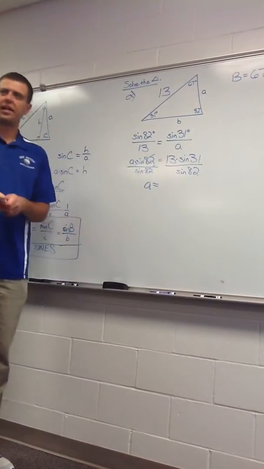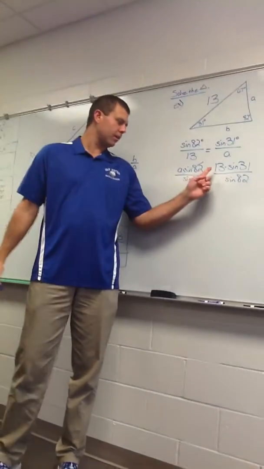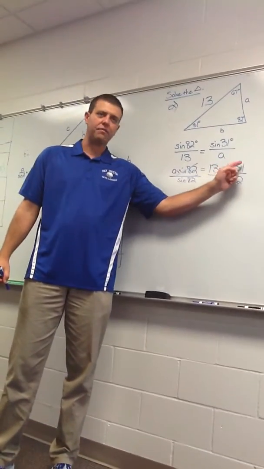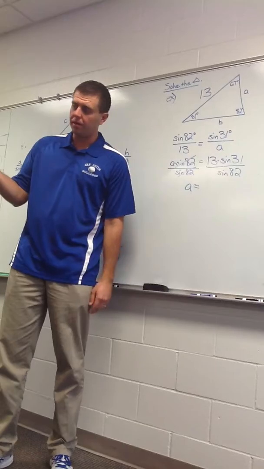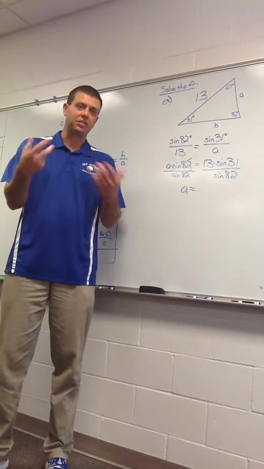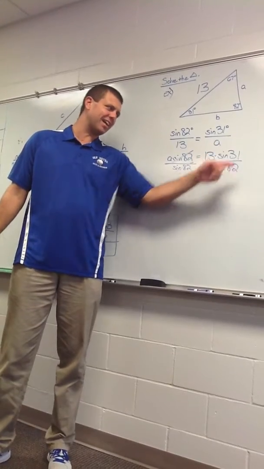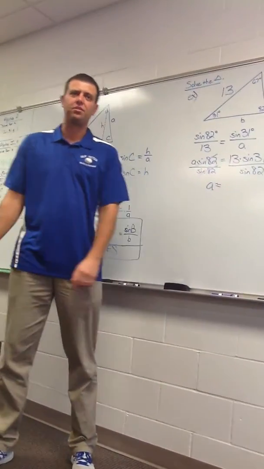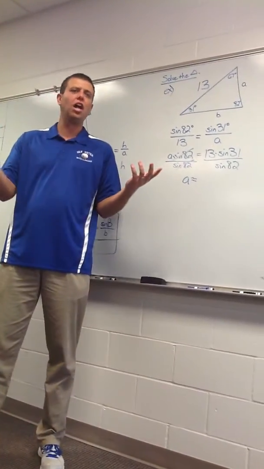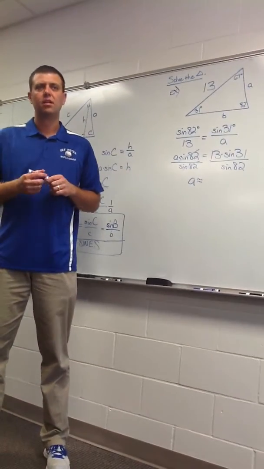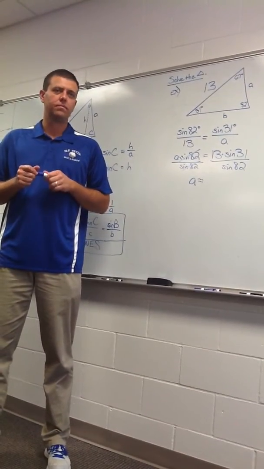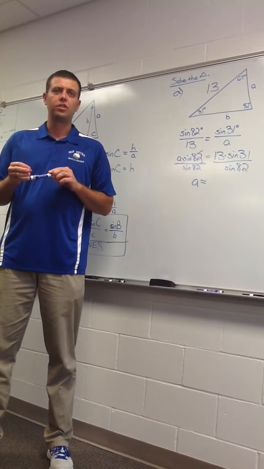Now we go to our calculator and type in 13 times the sine of 31. Make sure you're in what mode? Degree mode, because these are degrees. So 13 times the sine of 31, get that answer and divide it by the sine of 82. To the nearest hundredth, what are you getting? 6.80? 6.76?